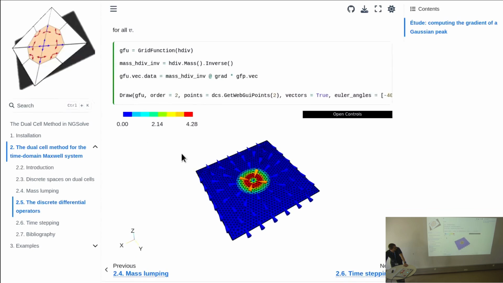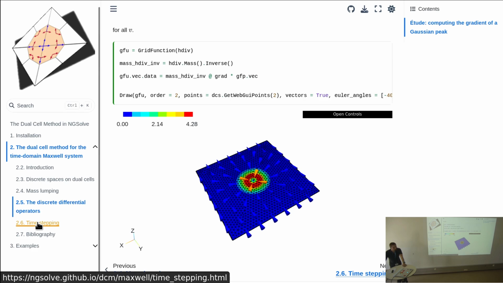And then we may just apply the discrete gradient and see that this looks like a gradient of a Gaussian, which is good. Okay, now I'm almost out of time, but I want to show some examples. For time stepping, we just use leapfrog, enough said. So we have to apply one of each mass matrices in each time step.